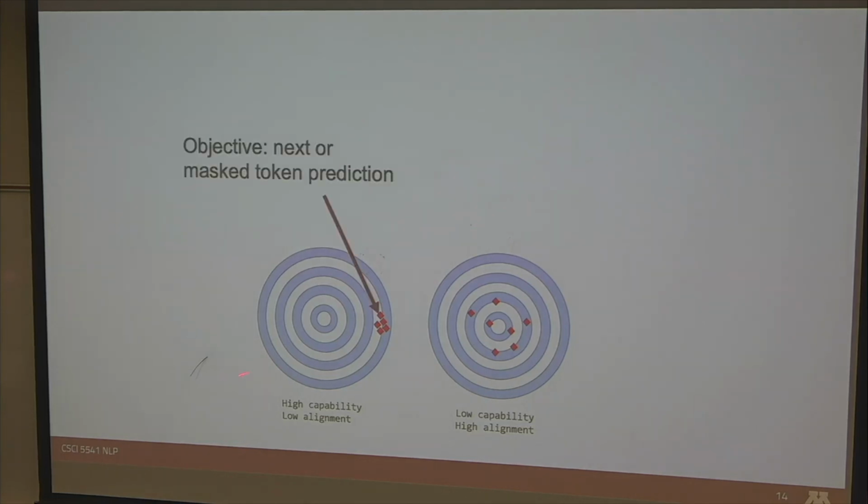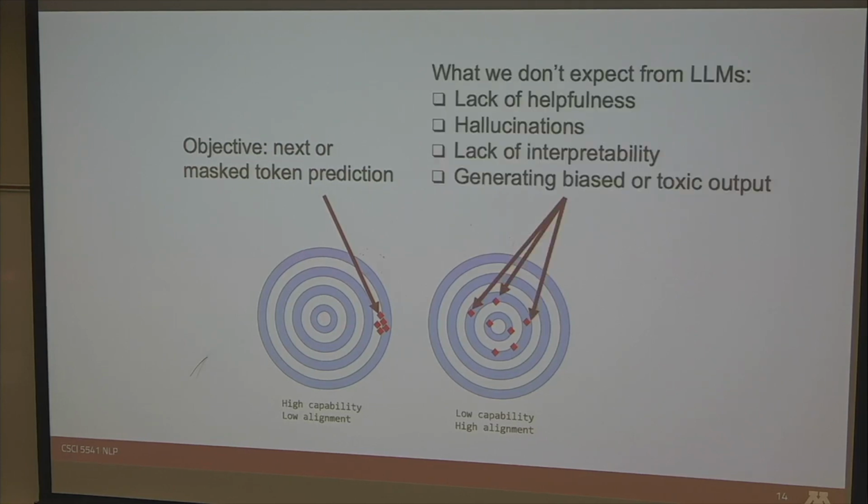The language model is trained on the next token or masked token prediction task, but we also want our language models to be more helpful, produce fewer hallucinations, produce results that are interpretable, and generate outputs that are not biased.